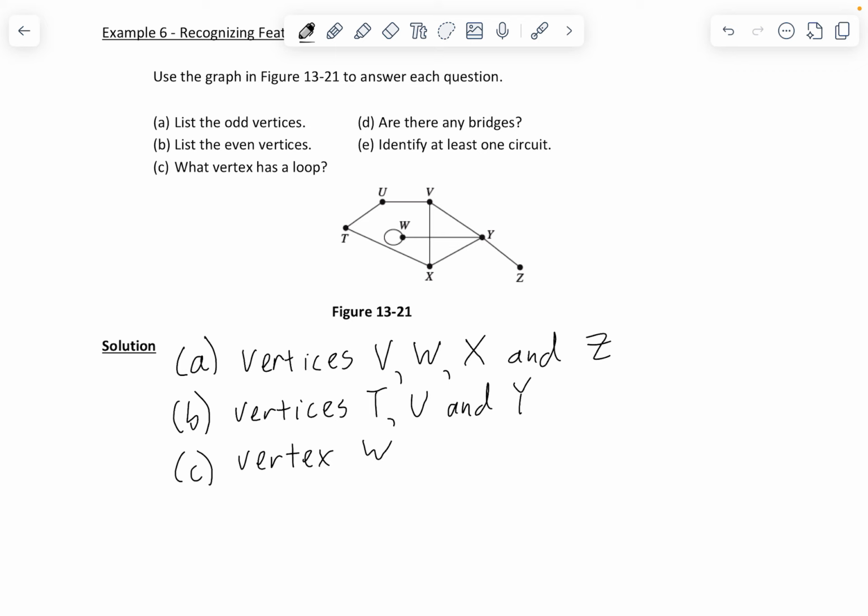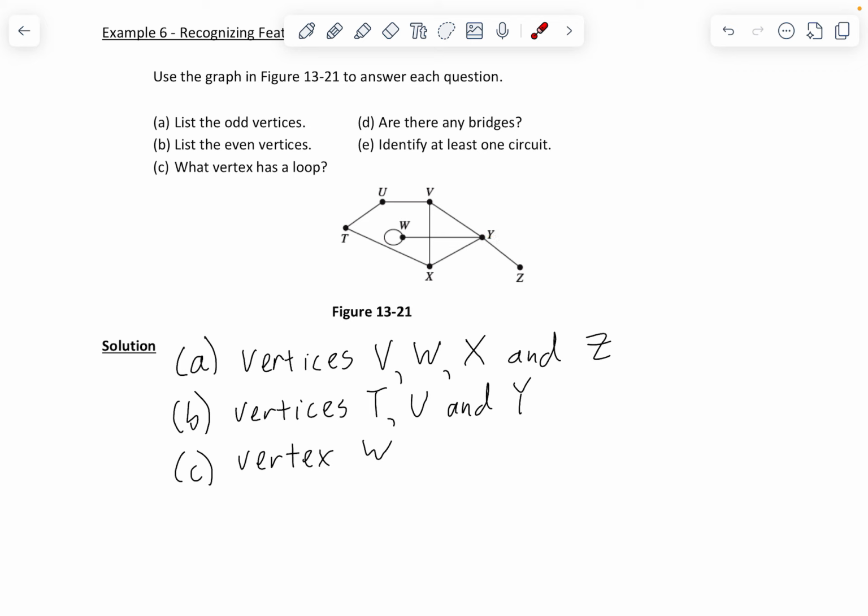Are there any bridges? So there are two bridges. One would be edge WY, right? If I remove WY, basically this loop over here would just be disconnected, right? So WY is a bridge, and then also YZ, right?